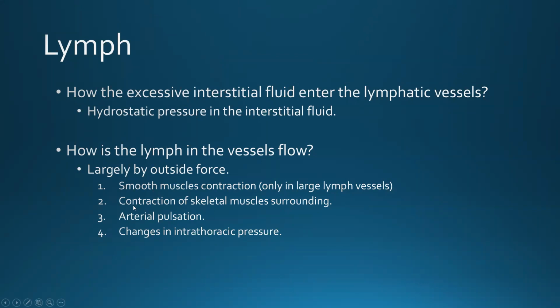Most of the time it is by outside force, like for instance the contraction of skeletal muscles surrounding the lymphatic vessels, and arterial pulsation, the position of the nearby artery, that will cause the flow of the lymph in its vessel, and then changes in intrathoracic pressure. This will move the lymph in its vessels.